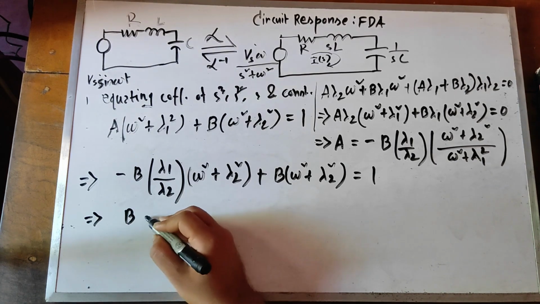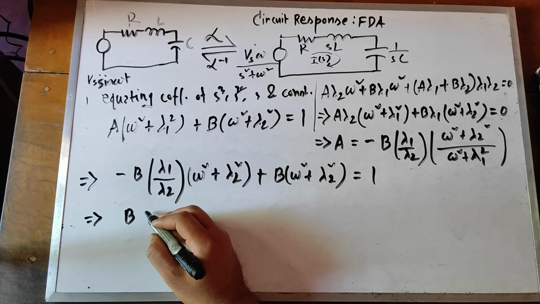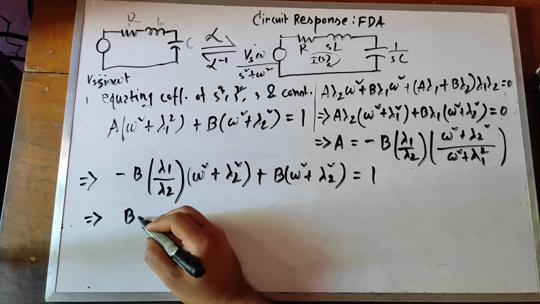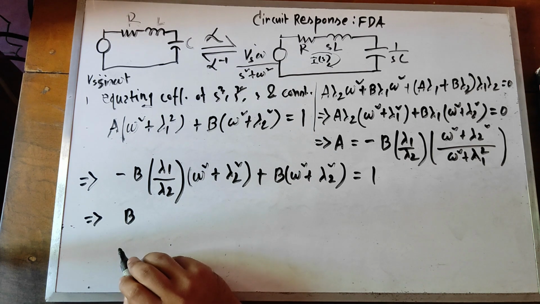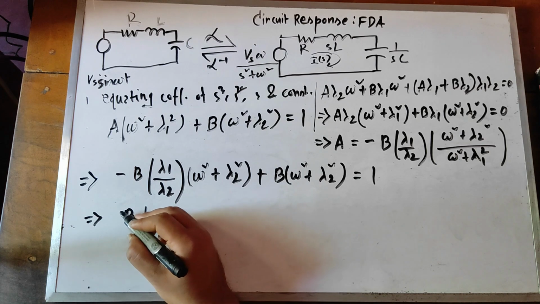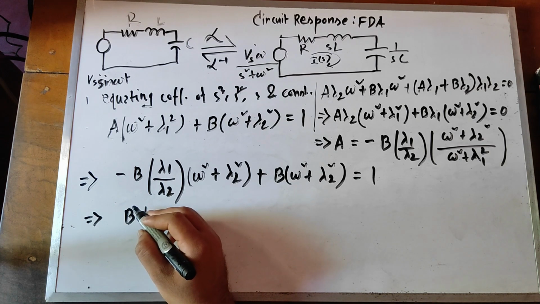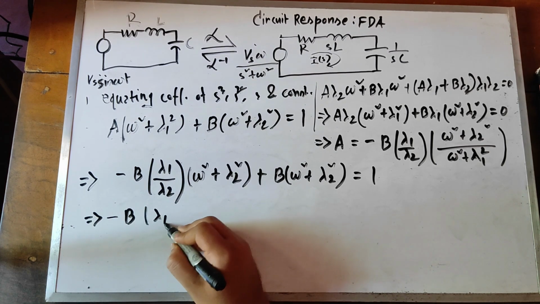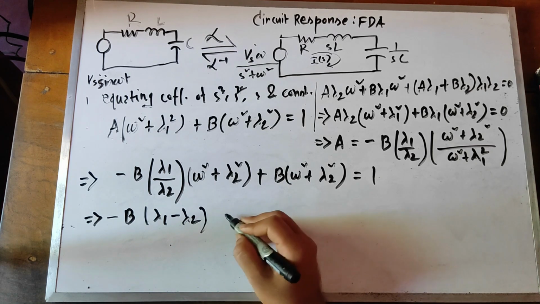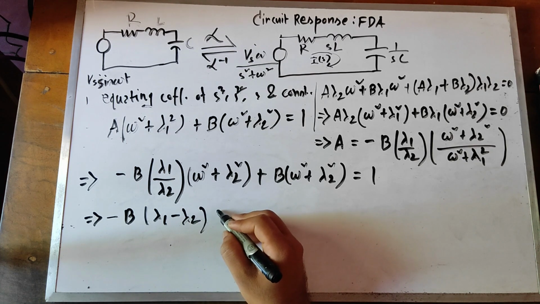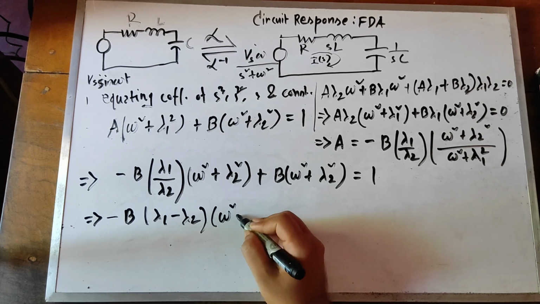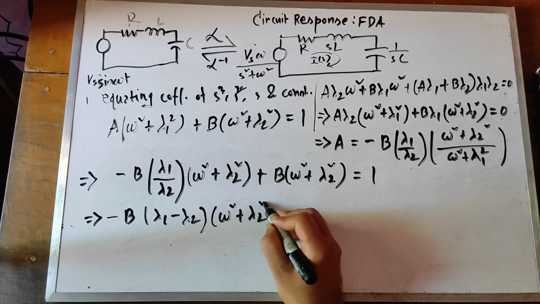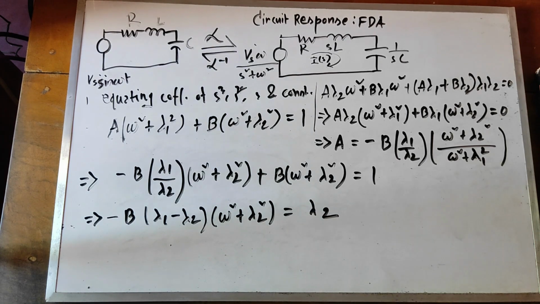So if I take B common, it will give me something like this, minus lambda 1 minus lambda 2, then omega square plus lambda 2 square equals lambda 2.